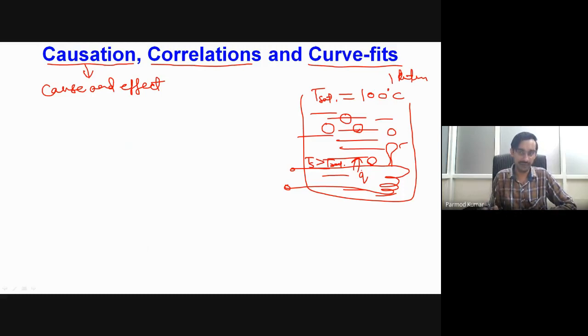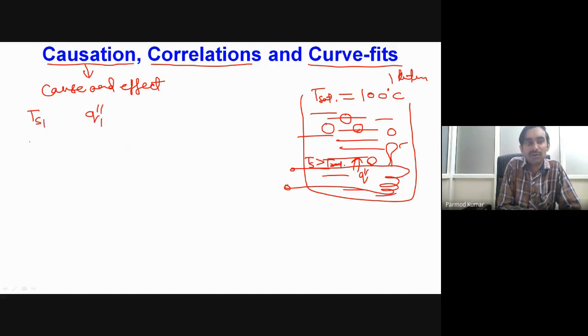So we are having a certain transfer of heat, or flow of heat, from this heater surface to the liquid. Now let us consider that Q double dash is the heat flux which we are measuring, and Ts is the surface temperature which we are maintaining. For the initial surface temperature of Ts1, we will be finding some value of heat flux as Q1 double dash.